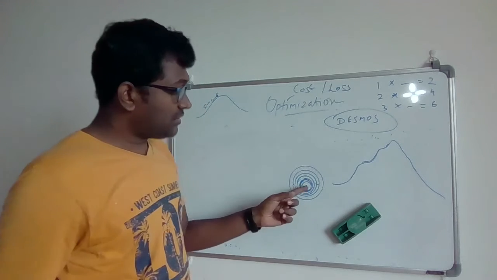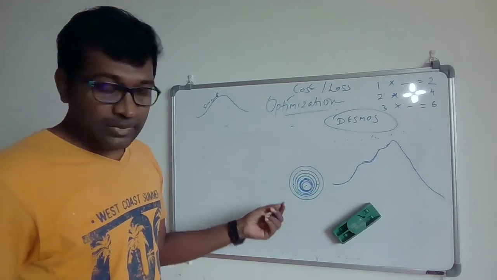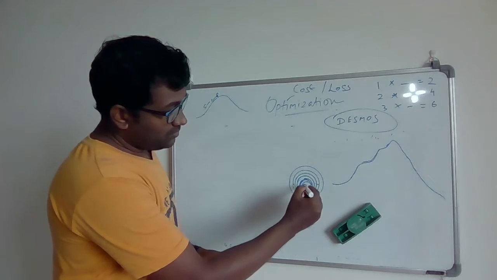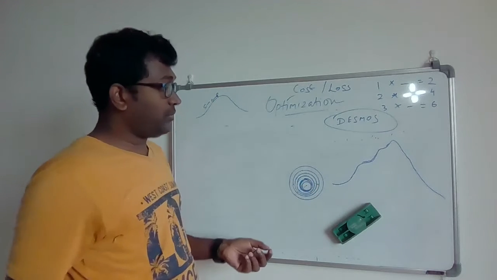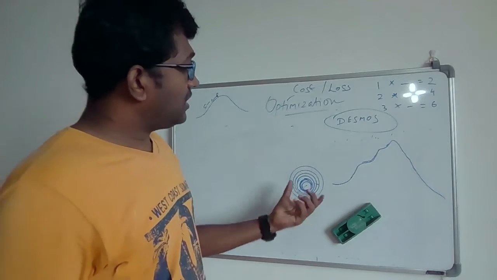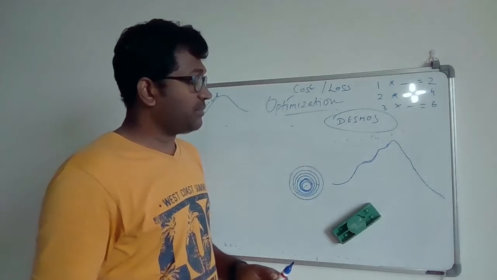Here, the problem is to come down to the base of the mountain. That is the minimum point that we need to achieve. You walk in the direction of the slope and come to that point. This is an example of how you can visualize level curves and how they are represented.